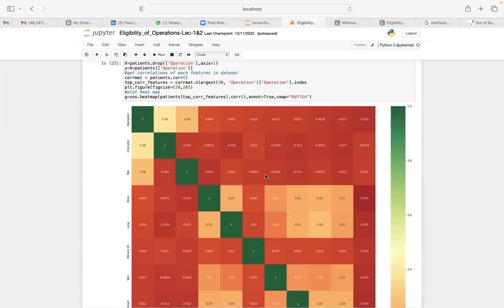Suppose the x-axis is operation and the y-axis is criticality, and the data points fall along a line, that means it has a linear relationship. But at 0.38, in some points it is linear, but in some cases it is not. It is only around 40% linear, but 60% of the time it's not linear.